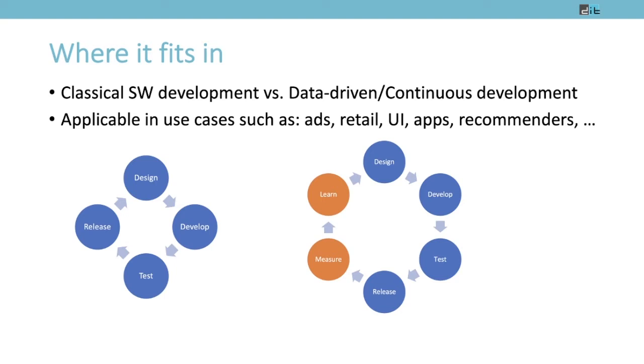We check how long users stay with the app, how many clicks it takes them to do a specific task, how much money we're making per user, and so many other things. Then we analyze that data and we learn our lessons. For example, the new app may be causing a lot of delays for a user doing a specific core function in the app, which was unexpected. In any case, the idea is that we do some analysis on that data and then we go back to the design.